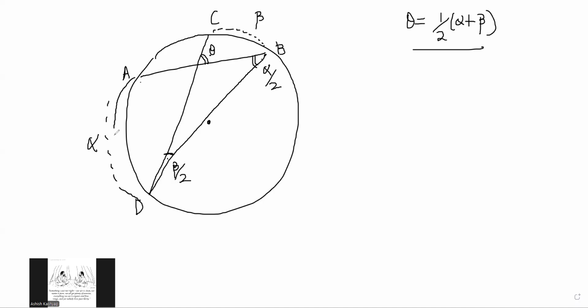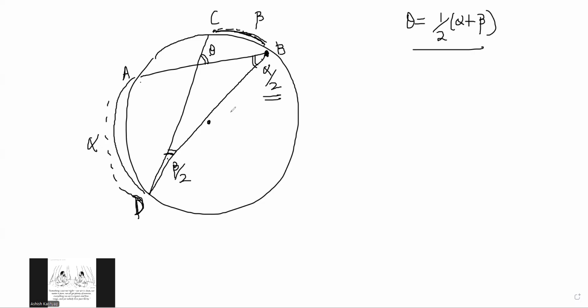The arc AD's measure is alpha. So the angle that it makes at the center is alpha. But what does arc AD make at B? It will make alpha by 2, right? Yes, sir. Similarly, arc BC makes angle beta at the center. But what does it make at D?